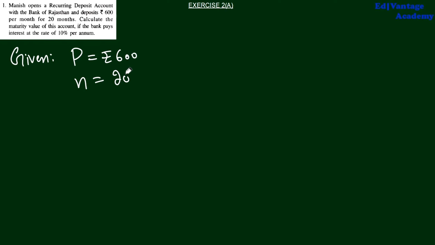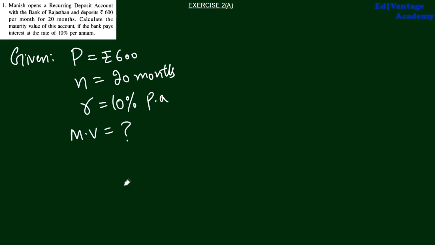Time is 20 months. Calculate the maturity value of this account if the bank pays interest at the rate of 10% per annum. So rate is given as 10% per annum. Per annum means per year. What do we have to calculate? Maturity value.